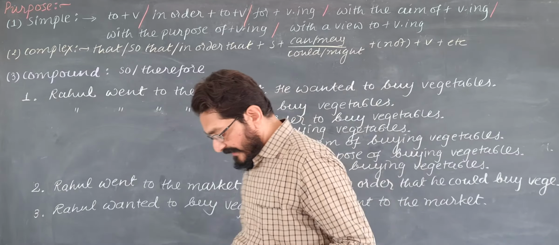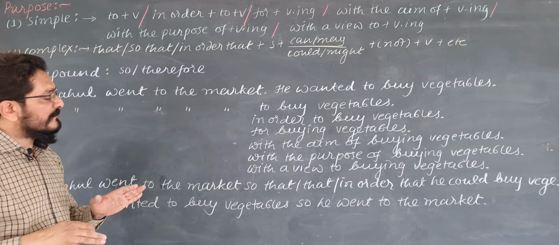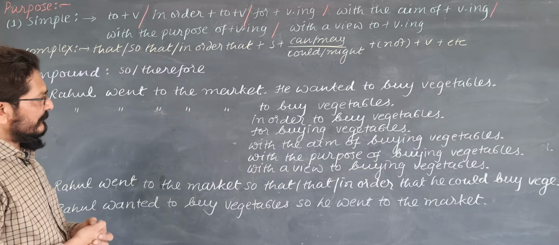And we also learned how to make two sentences complex using that, so that, in order that, plus subject, can or may, could or might. If the sentence is not negative, then you have to use not, then comes pure verb. But suppose you want to make two sentences compound, then it is so and therefore.